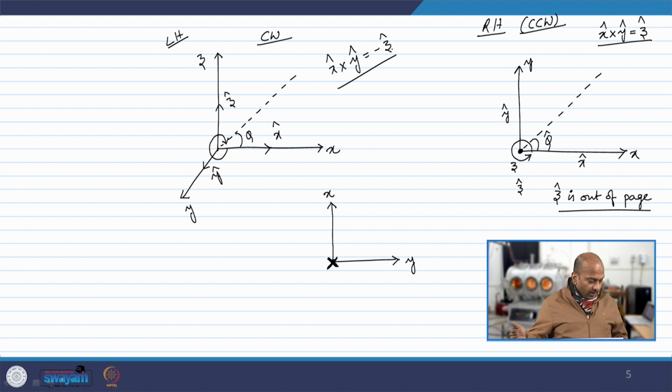Once we establish this coordinate system, now we will make a generalized statement saying that if this coordinate system is what you have taken, and if you have denoted the angle phi like this, then the electron will rotate like this, ion will rotate like this.